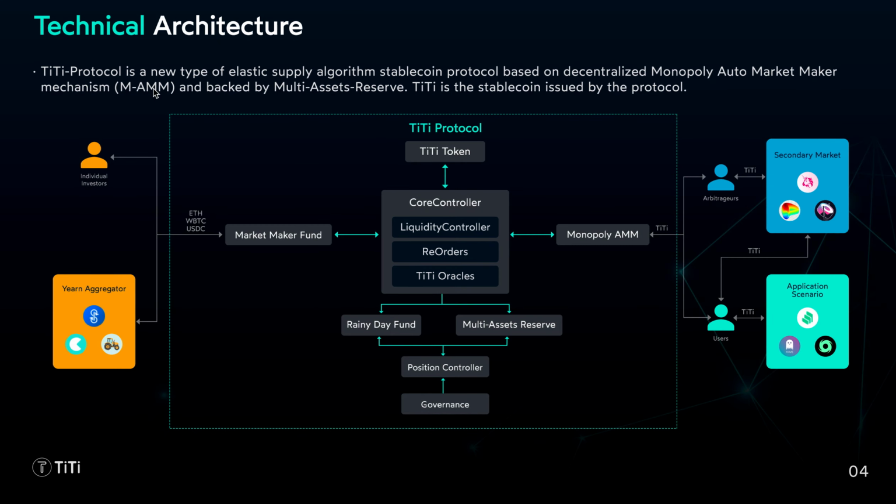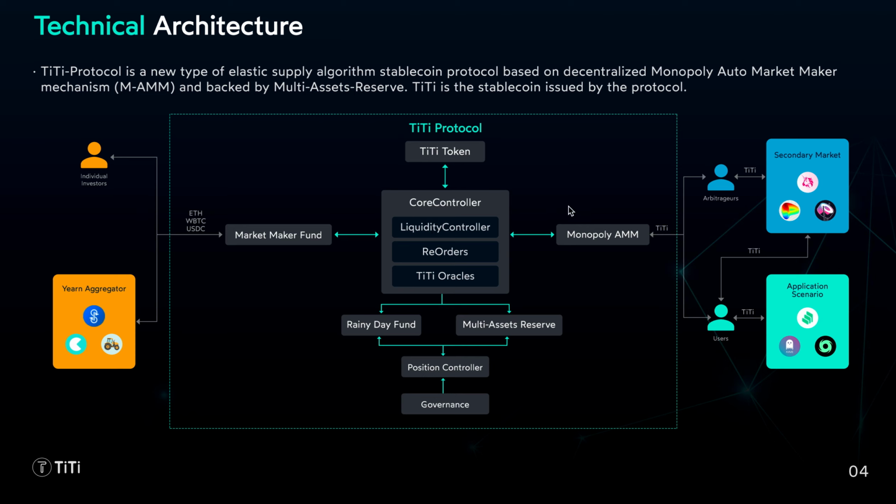But let me start by introducing the technical architecture, because TiTi's DevNet is going well and the testnet is under heavy development. The diagram shows the overall architecture of TiTi.